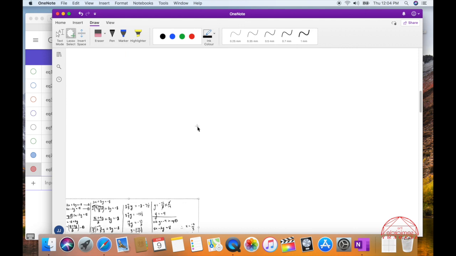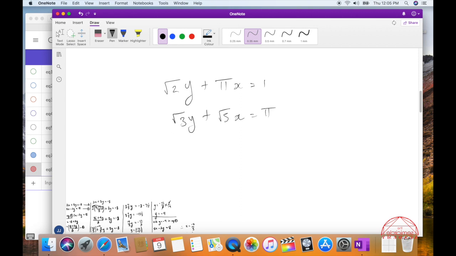Because imagine you have a situation where you have the root of 2y plus pi x is equal to 1 and then the other equation is the root of 3y plus the root of 5x is equal to pi, right?